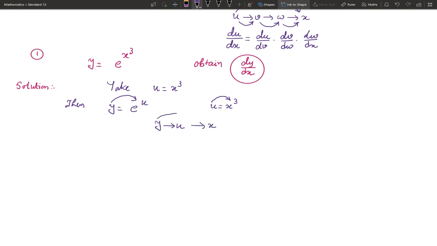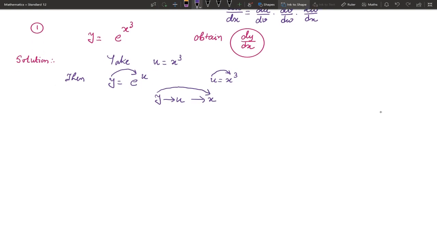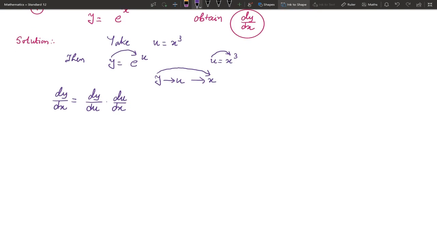Thus y is a composite function of x. So using chain rule, dy by dx, since y is a function of u, dy by du, and u is a function of x, du by dx. So this is d by du of e raised to u into d by dx of x cube.